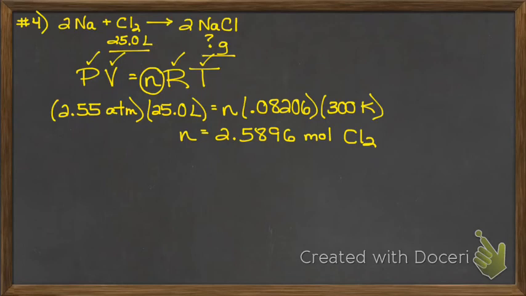I'm not trying to find chlorine. I am trying to find grams of sodium chloride. Can I use regular stoichiometry at this point? Yes, I can, because I have the moles of one of my reactants, Cl2.